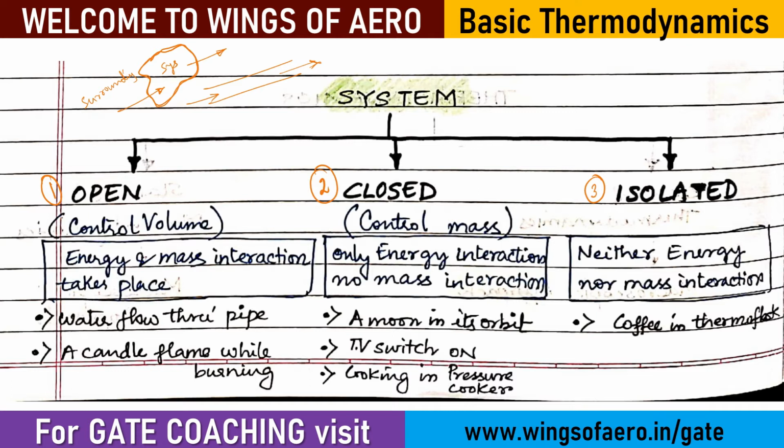Now looking into the closed system, another way of calling this is a control mass. What you are controlling? Control mass, right? So that means there will be no mass exchange or transfer. You can see this point, no mass interaction, only energy can transfer. You might have seen in your daily life, there is a pressure cooker.